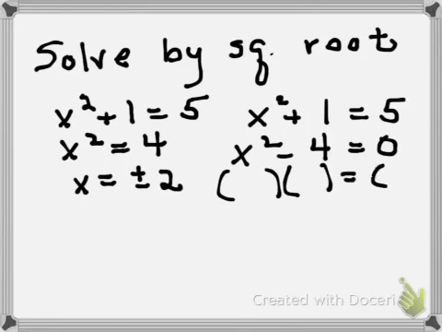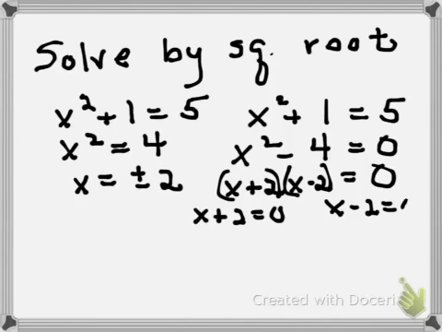This is really not by the square root method, but we're factoring this into positive and negative 2 because we need the product to be negative, but we do not want a middle term. And then by the time you set each of these factors equal to 0, you get the two solutions that we just got by square root. So on the left is by square root. On the right would be how you would solve this by factoring.